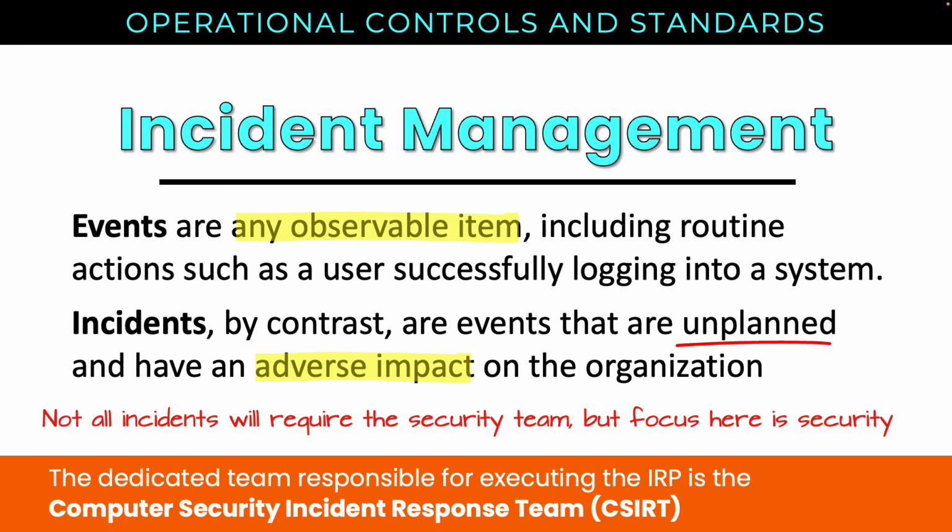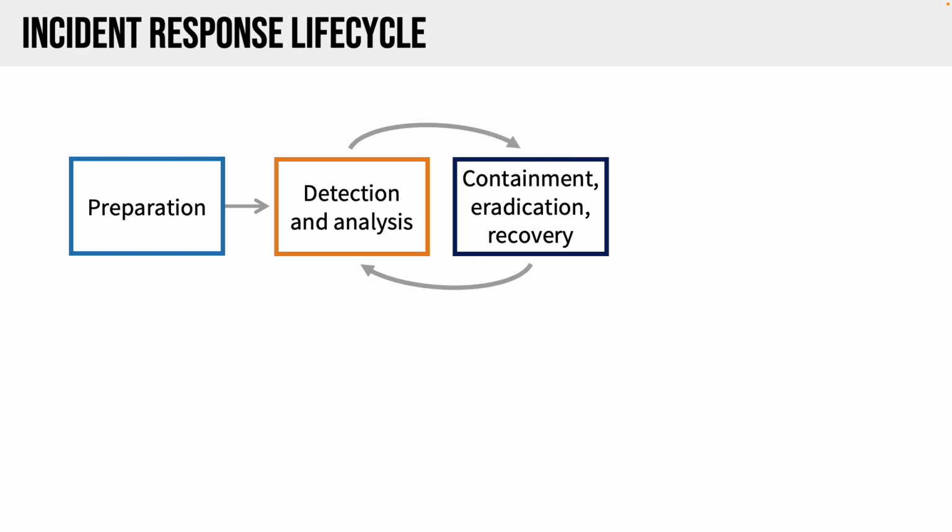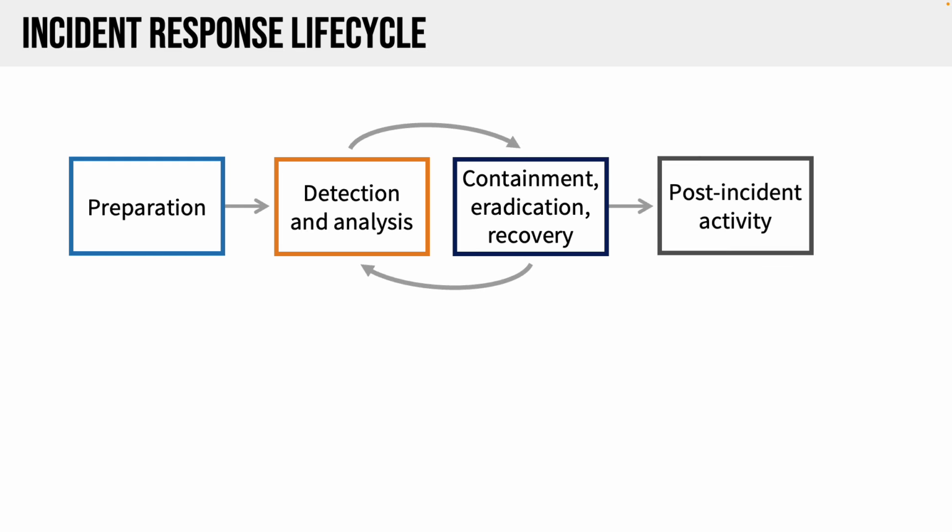And the dedicated team responsible for executing the incident response plan from an ISACA perspective is the Computer Security Incident Response Team, or CSIRT. So let's take a look at the incident response lifecycle. If you look at the official review manual, they really point to the NIST flavor of incident response, which includes preparation, detection and analysis, containment, eradication and recovery, and post-incident activity.